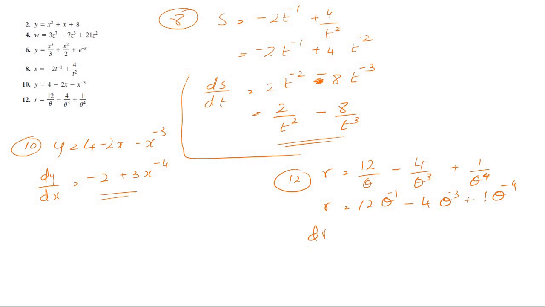So dr over dtheta is equal to minus 12 theta, and you subtract 1, so it becomes minus 2. Then we multiply this by this, we get plus 12 theta to the minus 4 minus 4 theta to the power minus 5. So we'll rewrite this. So we have minus 12 over theta squared plus 12 over theta to the power 4 minus 4 over theta to the power 5.